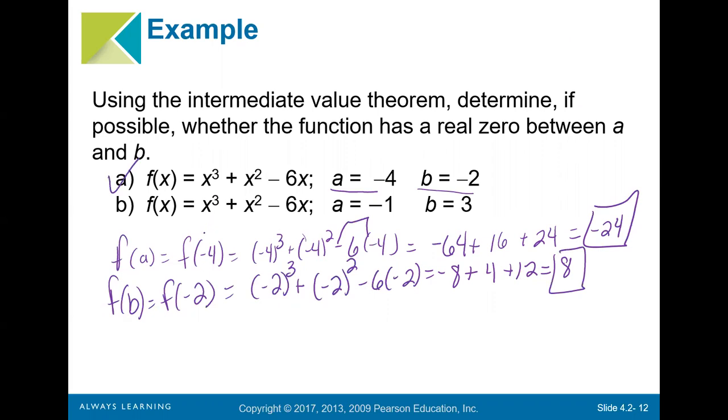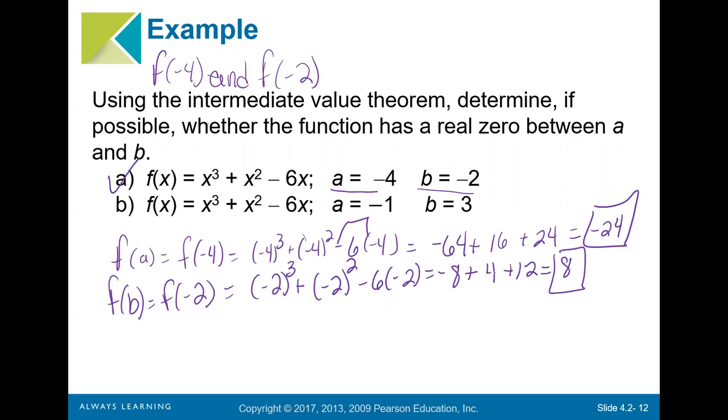So what does that tell me? By the intermediate value theorem, if f of -4 and f of -2 have opposite signs, then f of x has a 0 between -4 and -2.